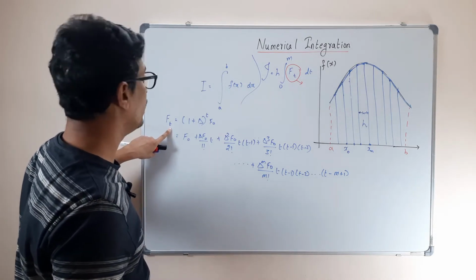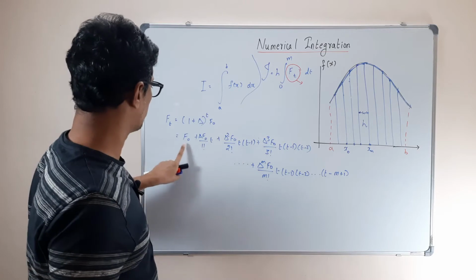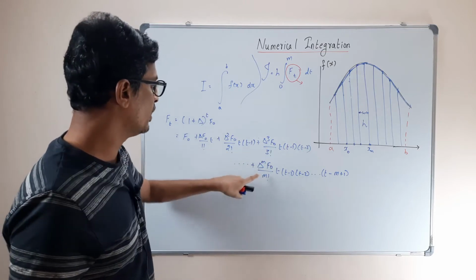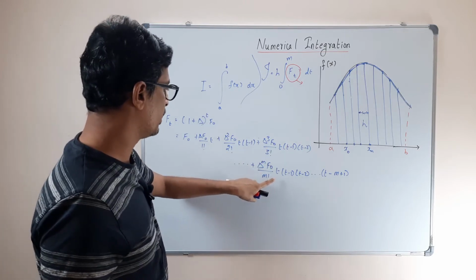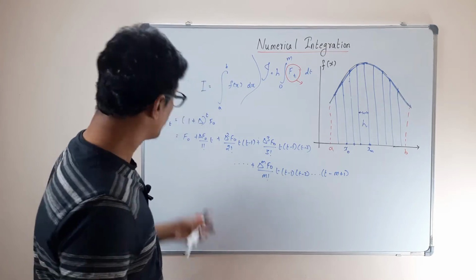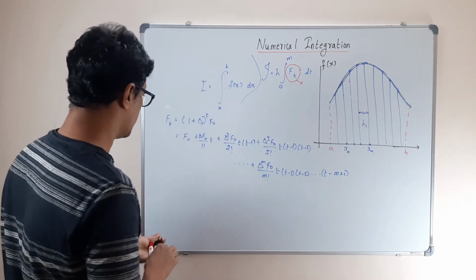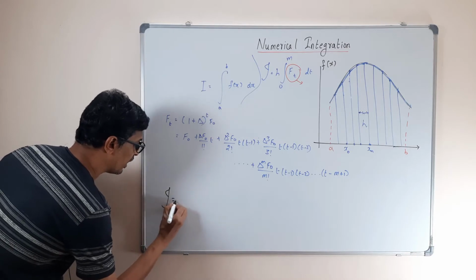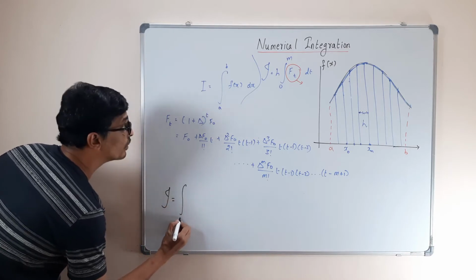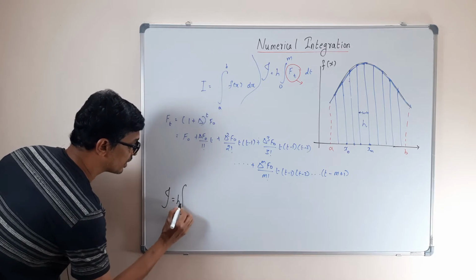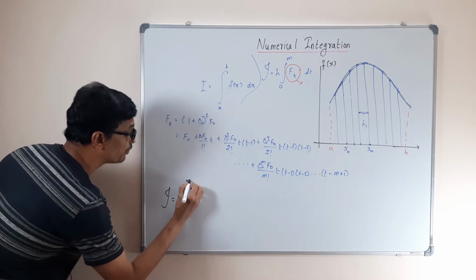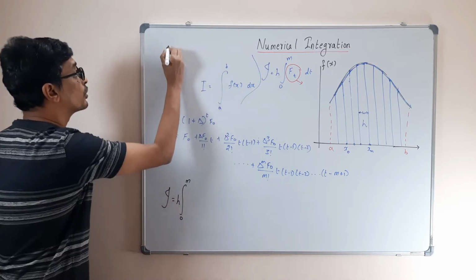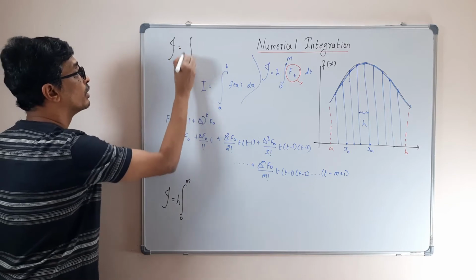We had f of t, so the f of t is converted back into a polynomial in t. So now let me substitute this in the integration. So what we are going to have, the integration I, which is equal to h times, zero to m, that's the integration. I forgot to write that.